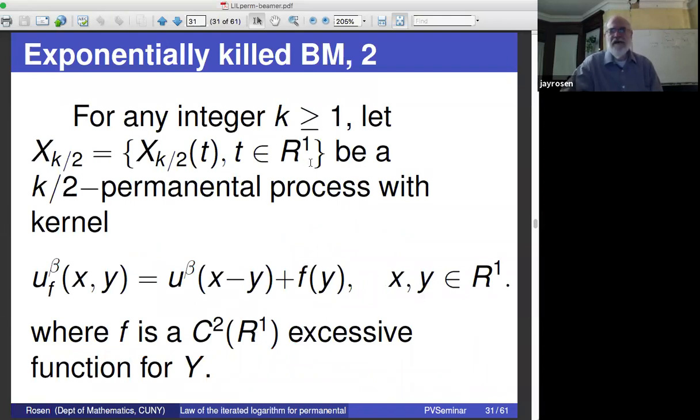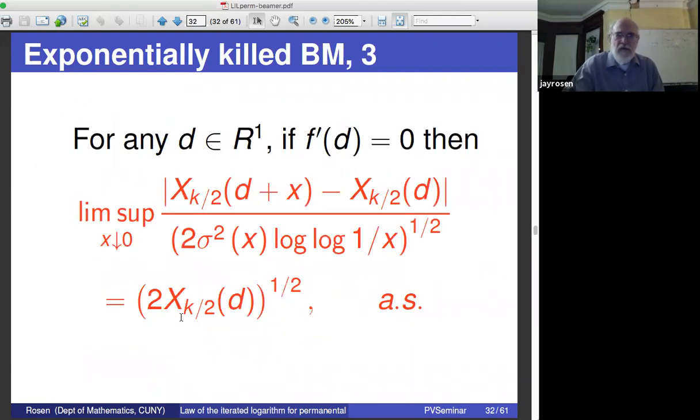I say k, any integer, but just take k to be 1. There will be a half-permanental process with this perturbation, f(y), where f is a nice excessive function, and it's easy to give many examples. Then we show that if we take any point, and f prime at d is 0, then we get an LIL for the perturbed permanental process, which would be the same LIL as for the original killed Brownian motion, Gaussian squares.